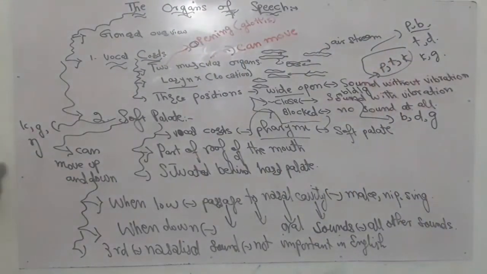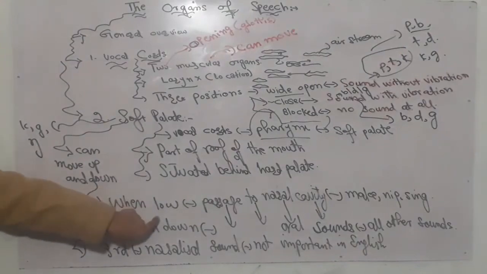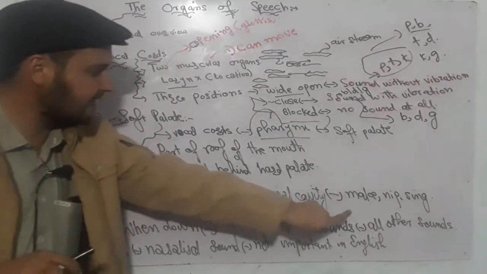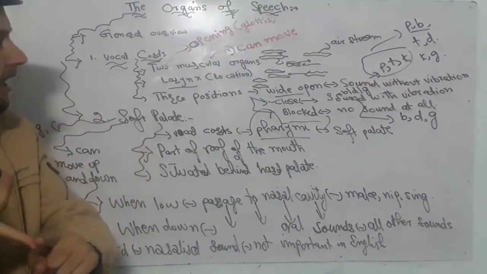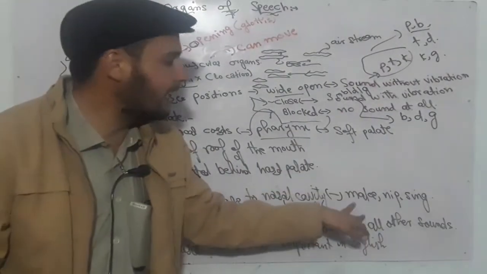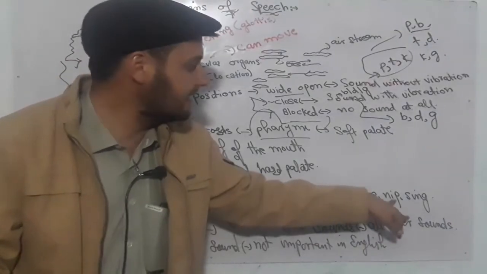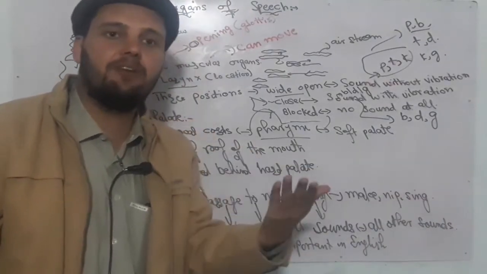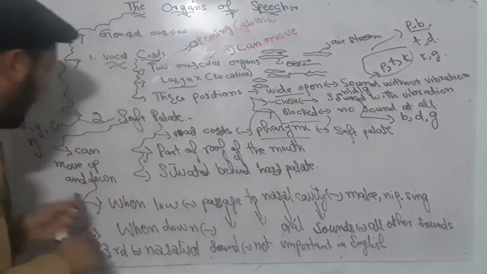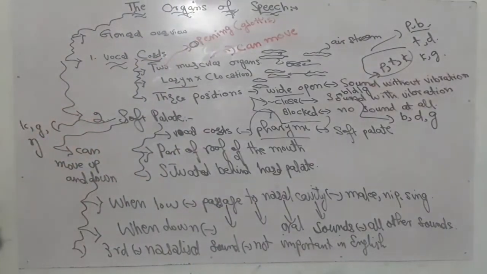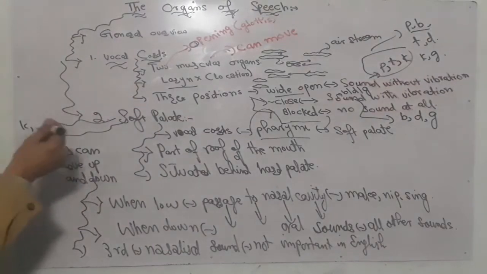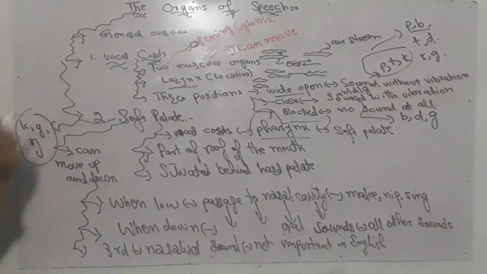Now, I am just talking about a few examples. When it is low, air passes through the nasal cavity, and we have three sounds: ma, na, ing. Example of ma is make. Example of na is nip, and example of ing is sing. When we have oral sounds, we can have three major examples: ka, ga, ing.